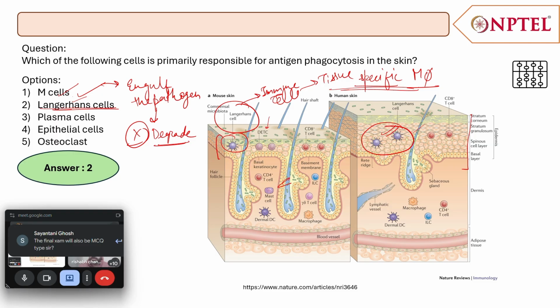I don't know whether the final exam would be MCQ type, but we are trying to clear out all the doubts and all the important questions that have been discussed previously. Okay, so let's move on to the next question.